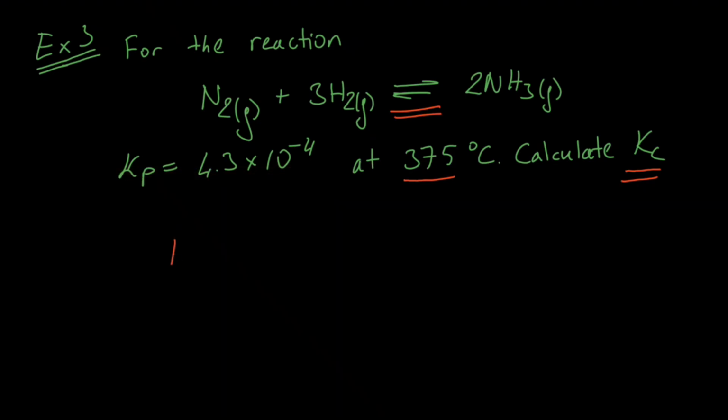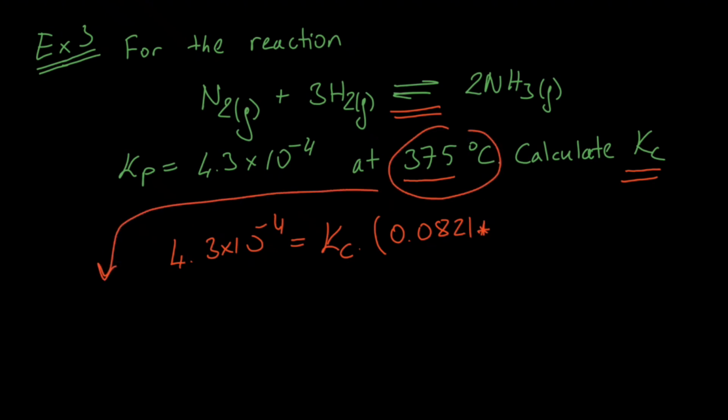And I will write the Kp value. It equals Kc times RT. The R value is 0.0821. By the way, it's a gas constant here. Temperature is not 375. We have to convert it to Kelvin.